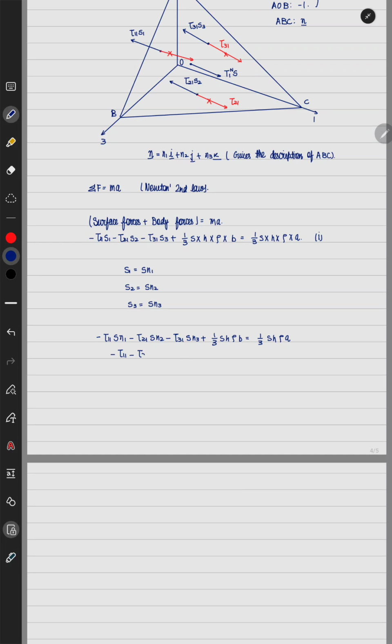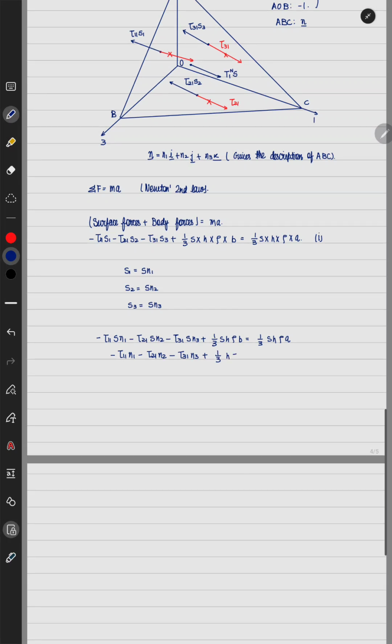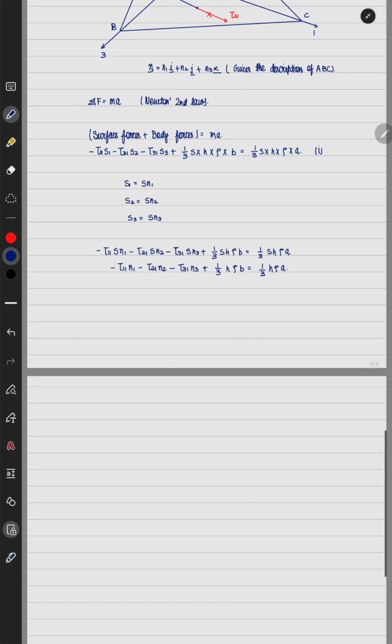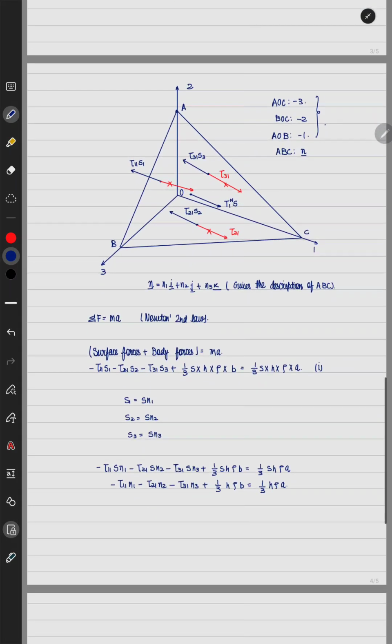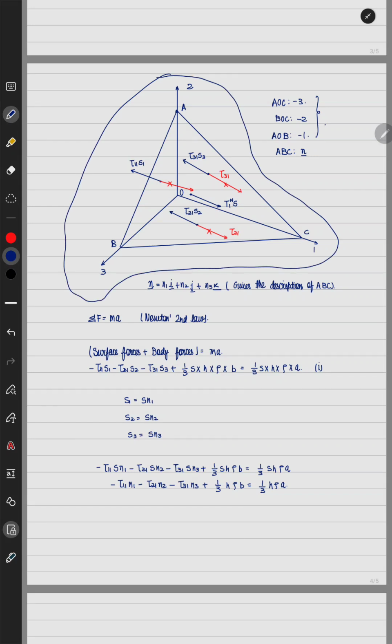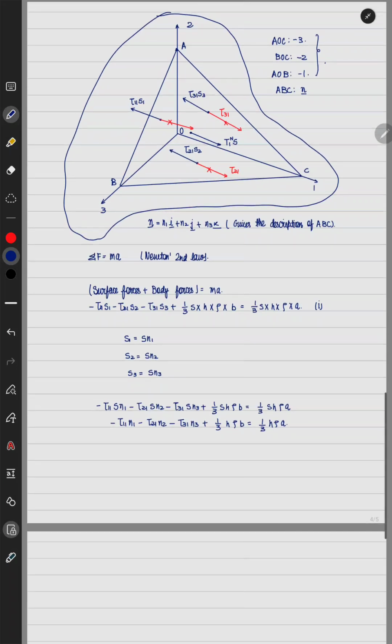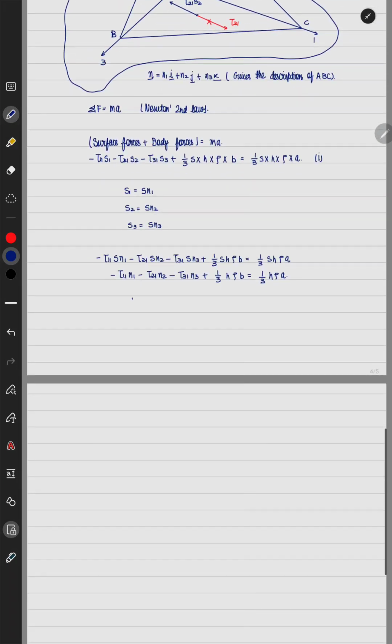Tau 11 N1 minus tau 21 N2 minus tau 31 N3 plus 1 by 3 into H into rho into B is equal to 1 by 3 into H into rho into A. Now whatever element I have taken, suppose it is very small. If it is very small, then H will tend to 0.